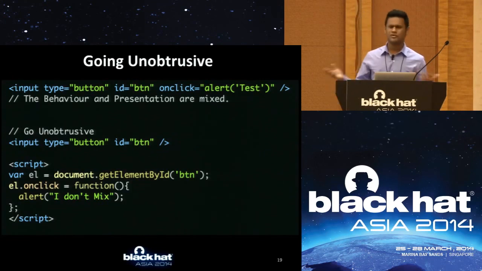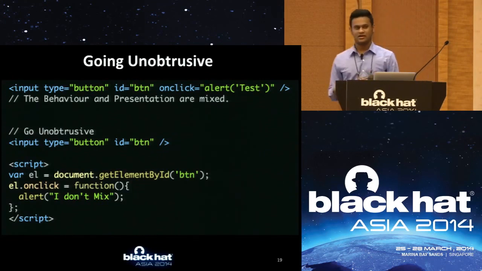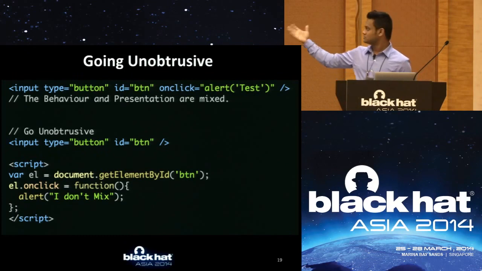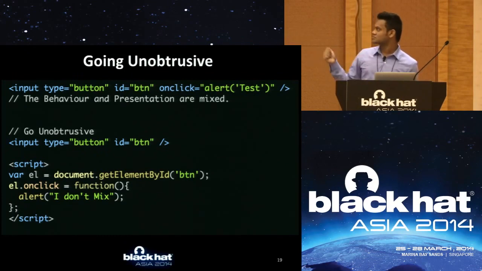Normally, if you're going to use an inline event handler, you're going to say button onclick equal to alert or something like that. Instead, you would just define the presentation and make your behavior everything inside, which is scriptable. So you just add an event listener on click, which would do the stuff for you.